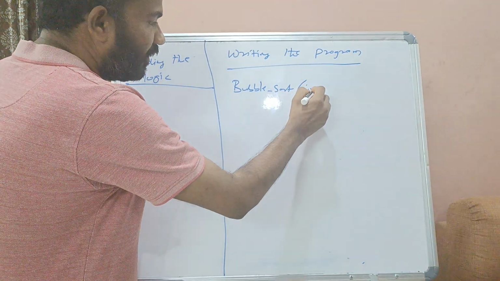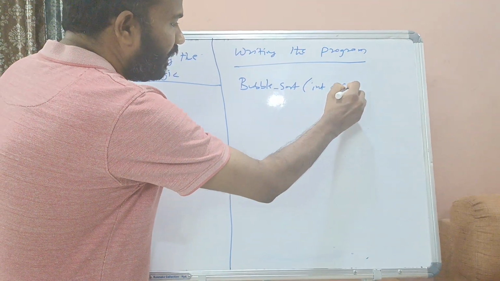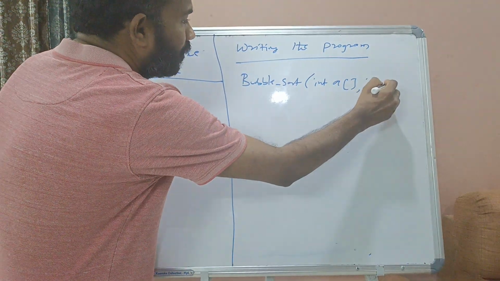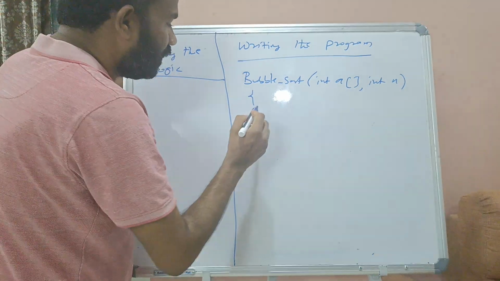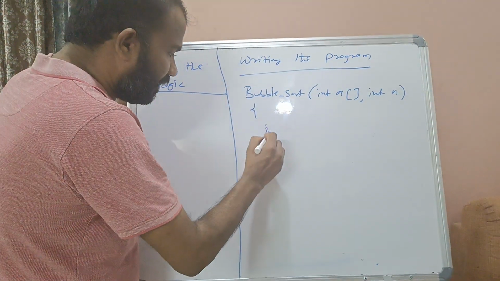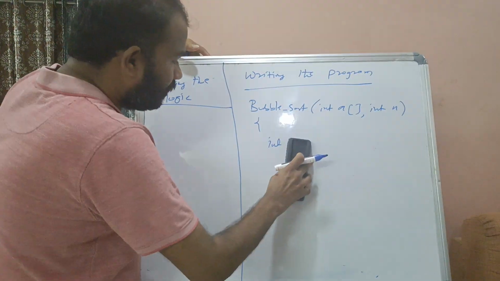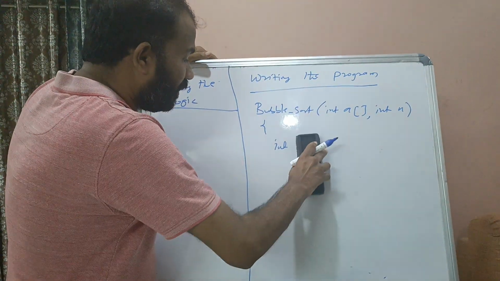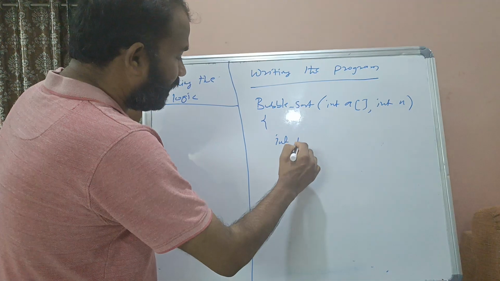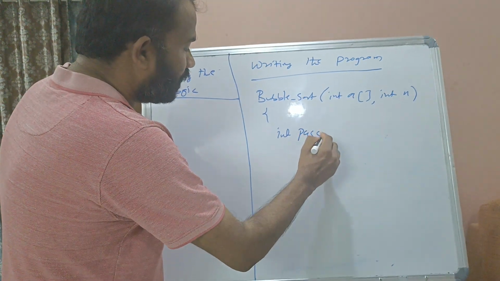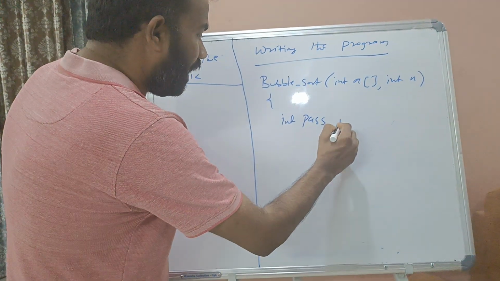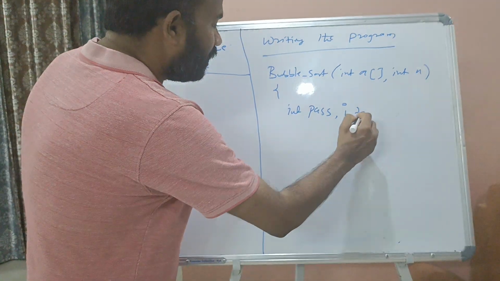What are the arguments? Array name and int n. Now we need to take the variables, pass, i, and j. Not just i, because we already implemented with pass.